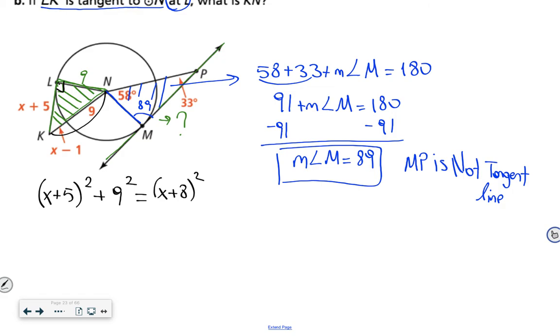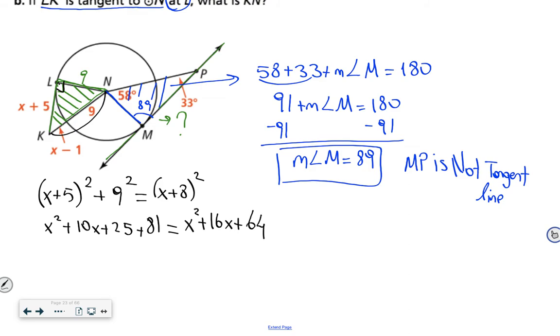If you take the square of this sum, you will get x squared plus 10x plus 25. 9 squared is 81 is equal to, what is the square of this sum? x squared plus 16x plus 64.